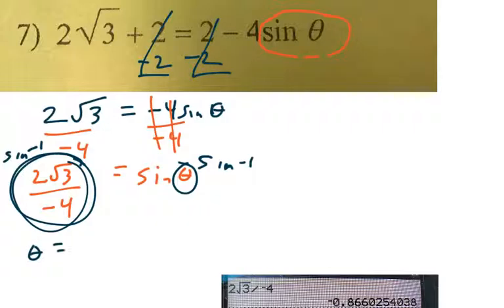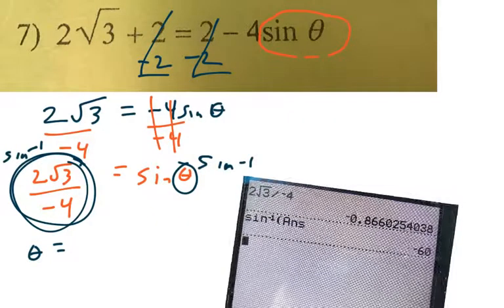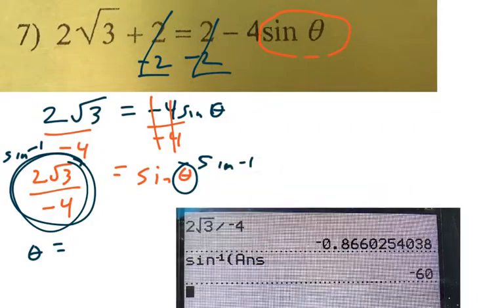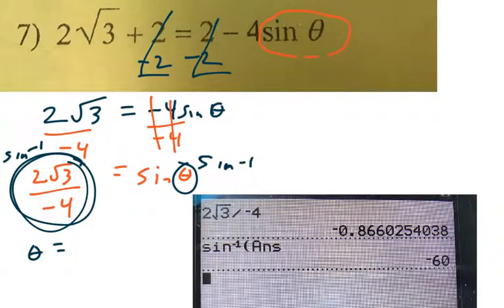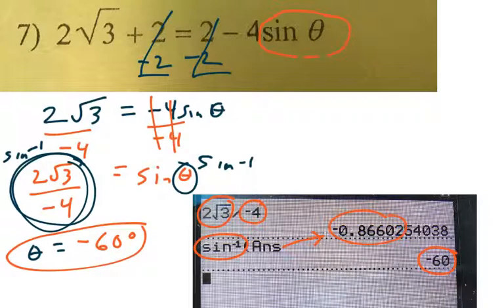So let's see what my theta is going to be. If we enlarge my calculator screen here a little bit, hopefully that's large enough for you to see. Notice that 2 square root of 3 divided by negative 4 is negative 0.866, and so on. We do the sine inverse on that answer. We got, again, negative 60 degrees for theta.